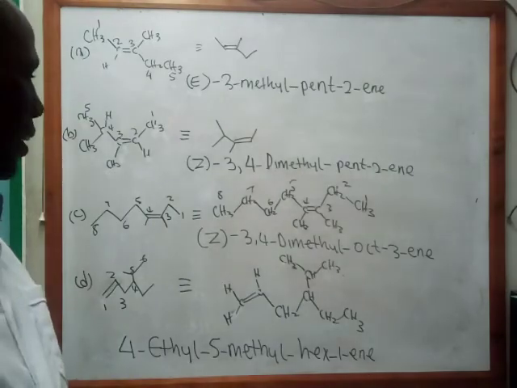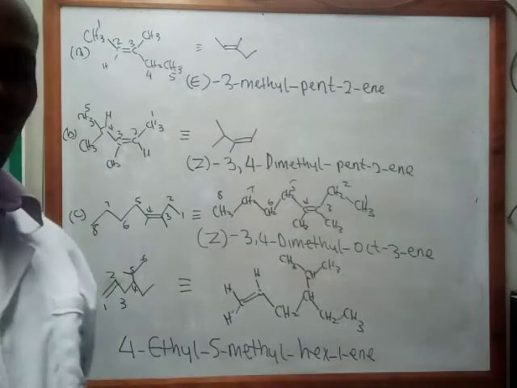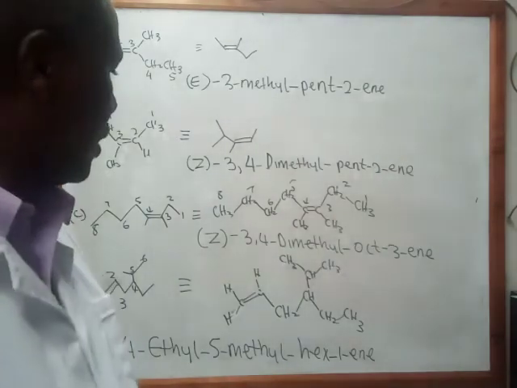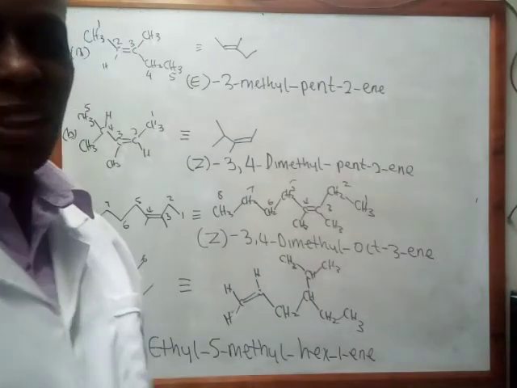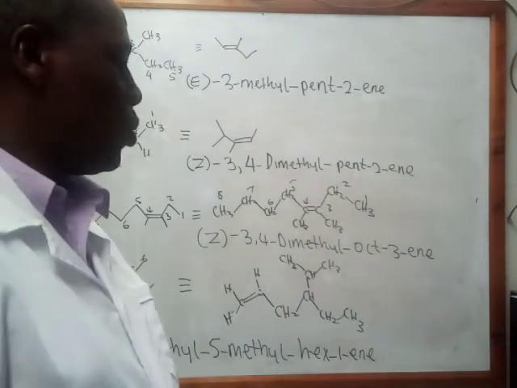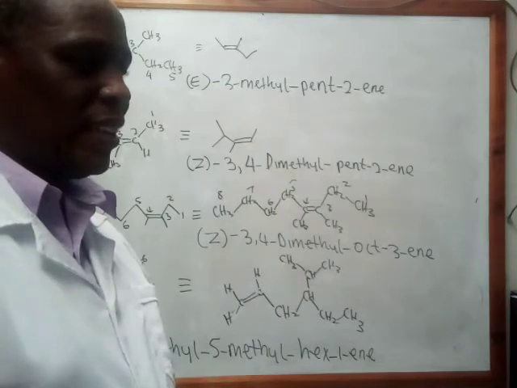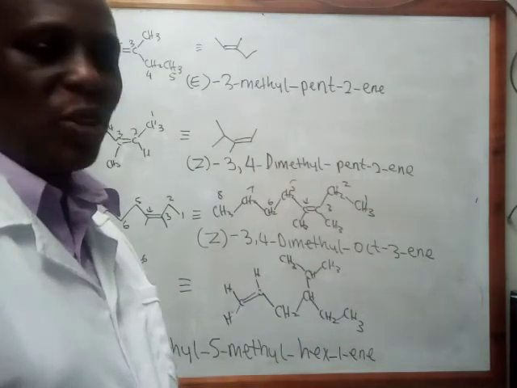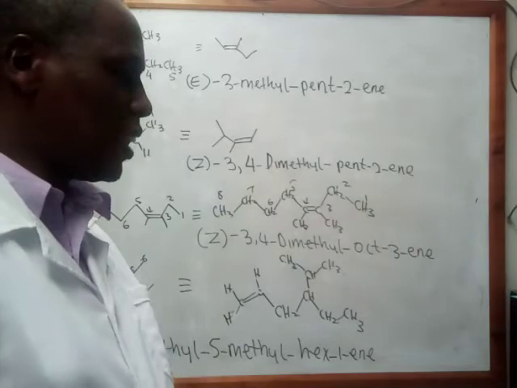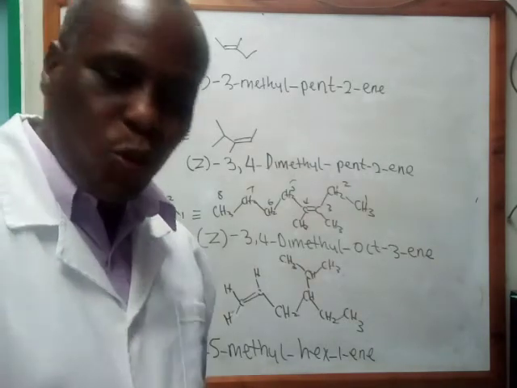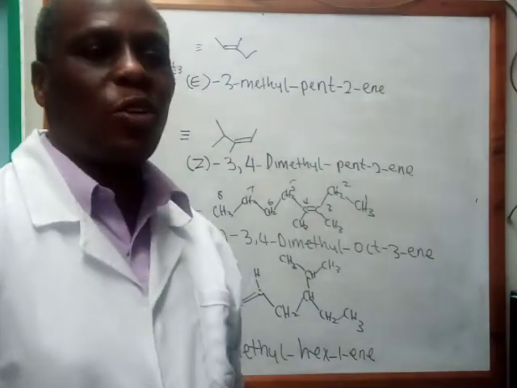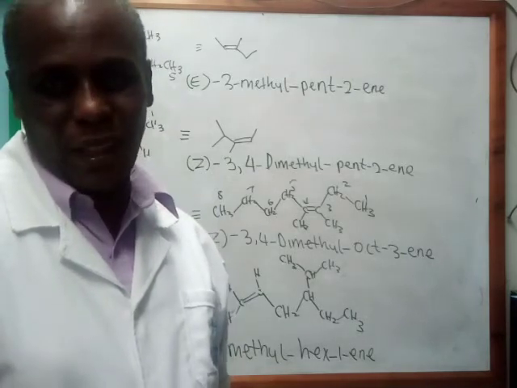So with that, I think we've done a lot on the alkenes. You'll be able to look at the rest of the notes, which contain the properties and also the uses of alkenes. You're going to say alkenes are the raw materials for what you're going to be calling polymers in the industry.